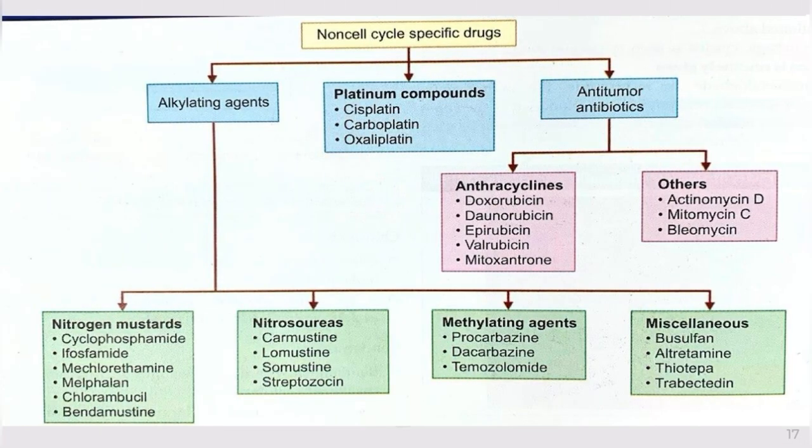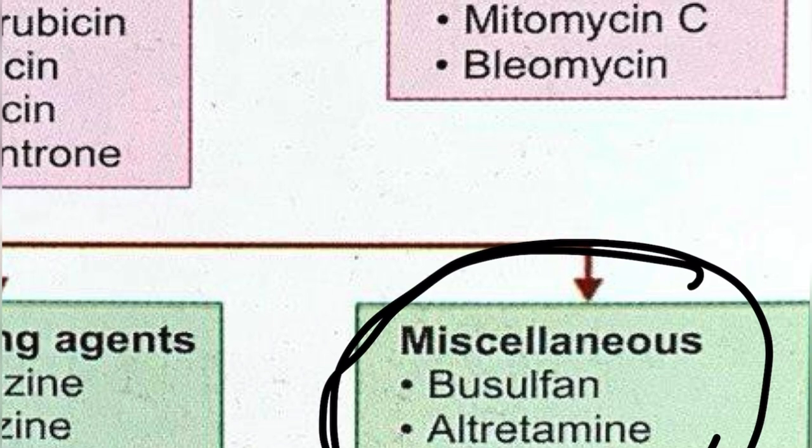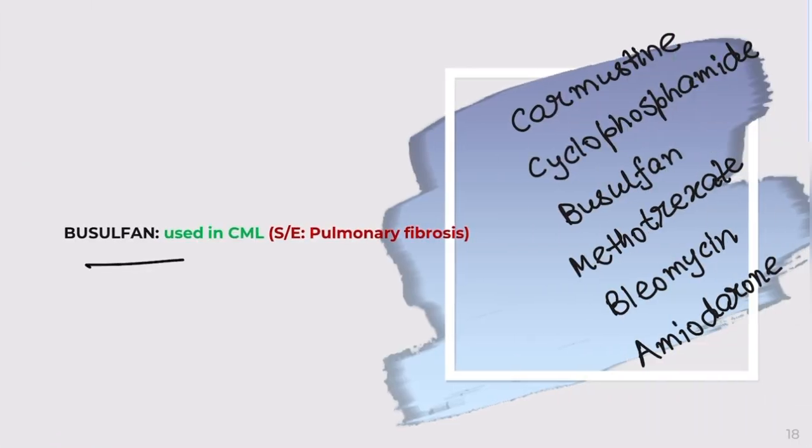Now, the last group of alkylating agents, I have told you to remember only two names, busulfan, thiotepa. This busulfan is used in CML, one type of leukemia, all of you know, AML, ALL, CML, CLL. So busulfan is used in CML, and this is a very important question.